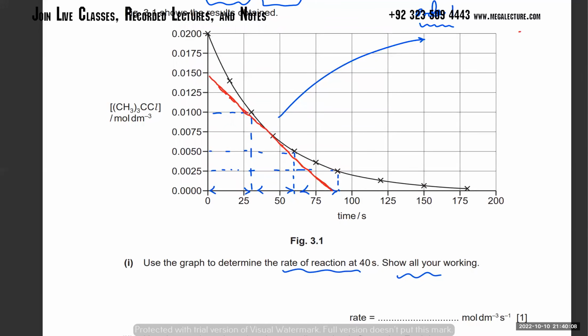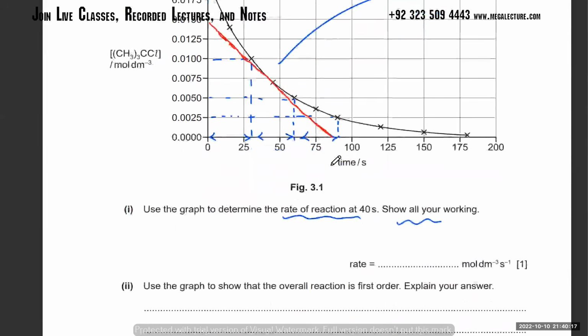That's going to be your gradient at 40 seconds. Is this clear? You're going to measure the rate, or the gradient, of this graph. Is this clear? Yes, sir.